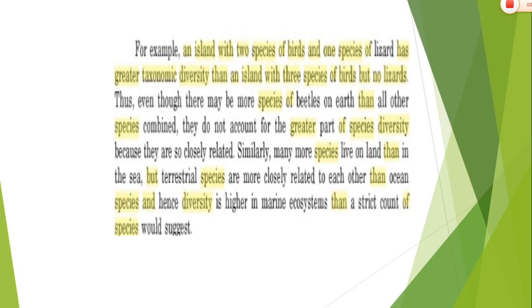Similarly, many more species live on land than in the sea, but terrestrial species are more closely related to each other than ocean species are. So, diversity is higher in marine ecosystems than a strict count of species would suggest.